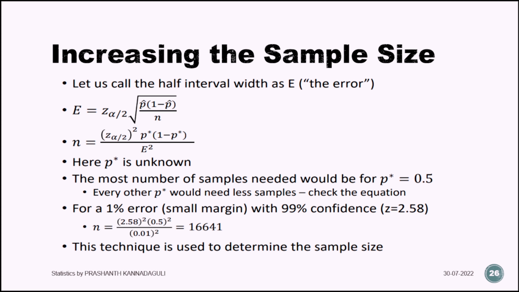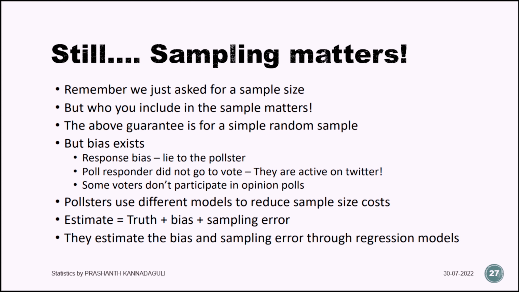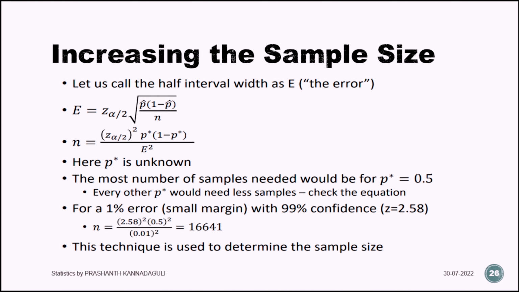Please check that once again. When I calculated, I'm getting 384.16. So it's a whole number, so we'll make it to the next number. Okay, so 385, right? That is correct.